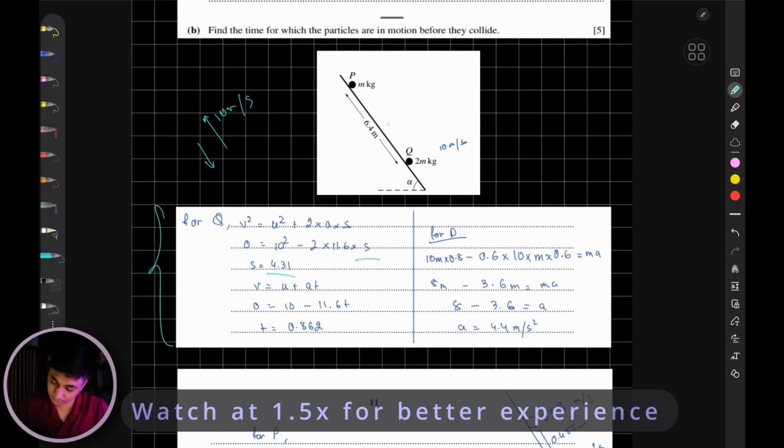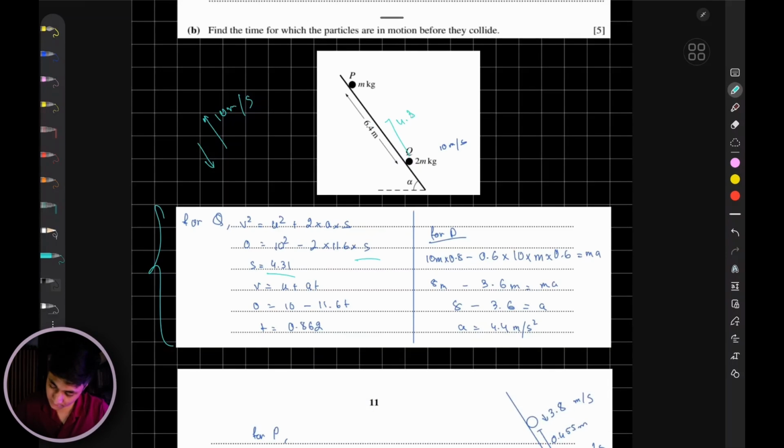Therefore, if I subtract that from 6.40, 6.40 minus 4.31, that's going to be 2.09. So 2.09 is the distance between the initial position of P and the final position of Q.